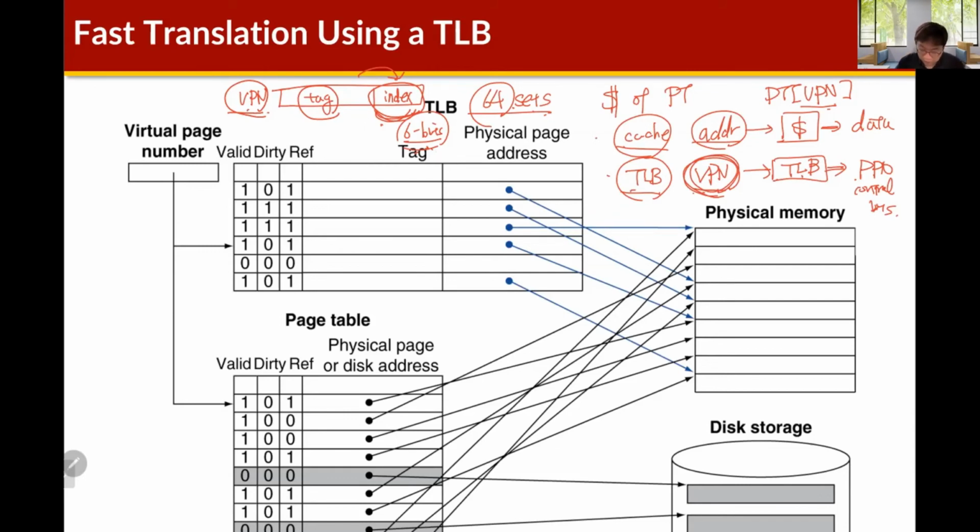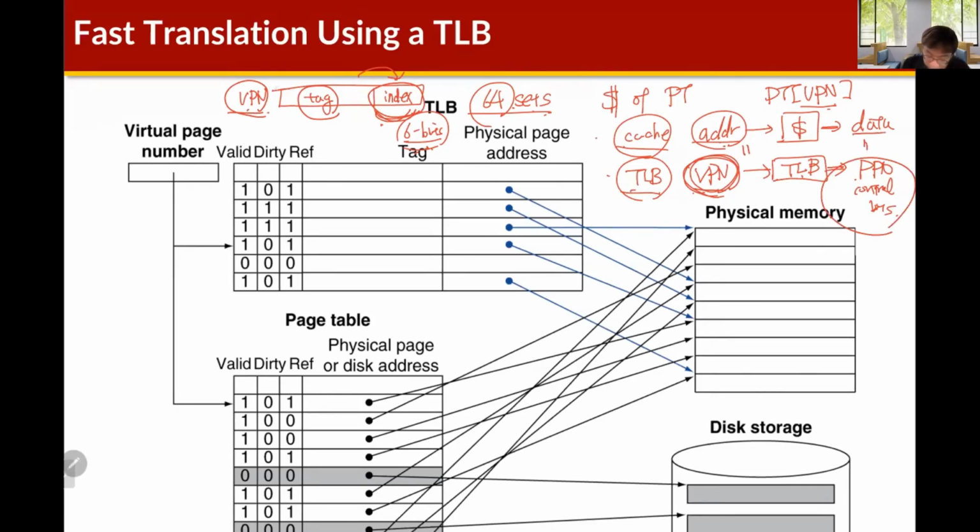If we compare with the cache, the VPN is similar to the address of the cache, and we can get the PPN and control bits, and this is the data.